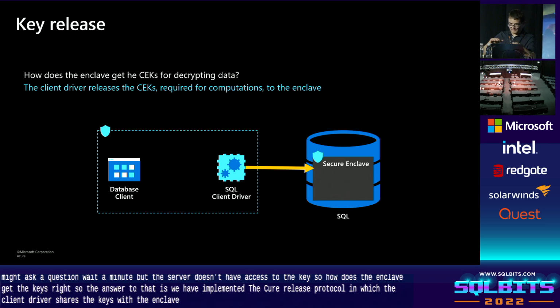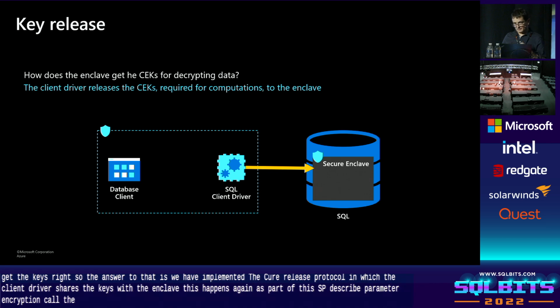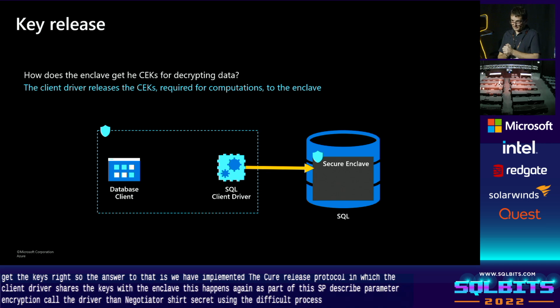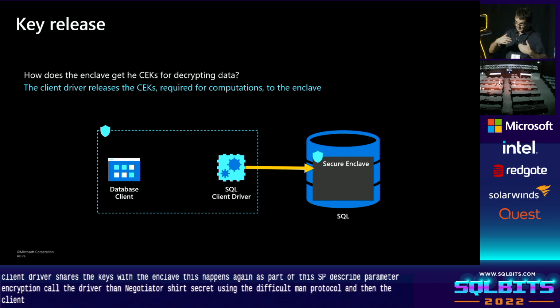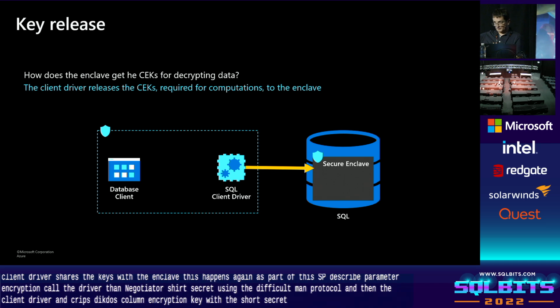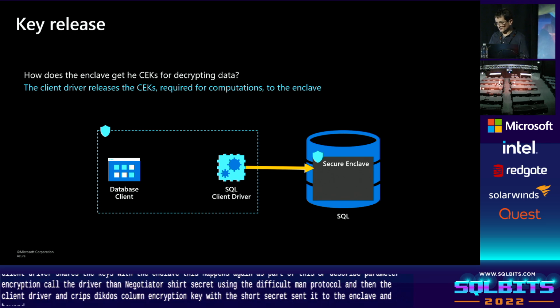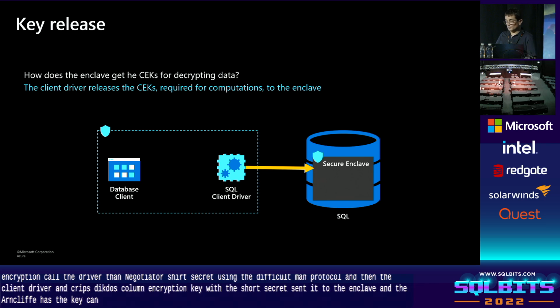This happens, again, as part of this SP-describe parameter encryption call. The enclave and the client driver negotiate a shared secret using the Diffie-Hellman protocol. Then the client driver encrypts the column encryption key with the shared secret and sends it to the enclave, and the enclave has the key and can use it for cryptographic operations. So that's how it works.